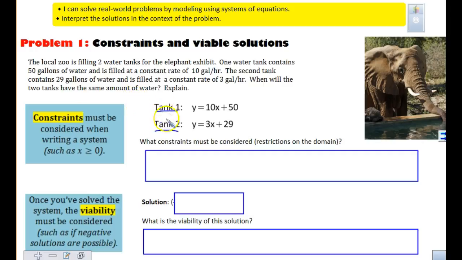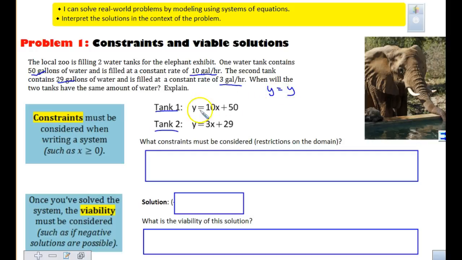So if we think of this, this is very much set up to be very nicely written in slope-intercept form, right? The rate of change, okay, that's our slope, and what it started with, 50 gallons, that's our y-intercept. The next one started at 29 gallons, and our rate of change is 3. So if you were solving this, this works out really easy to put y equals y.